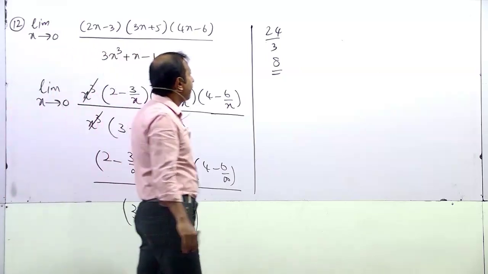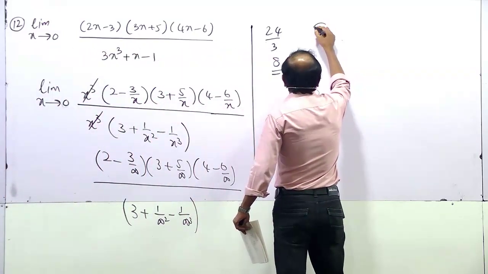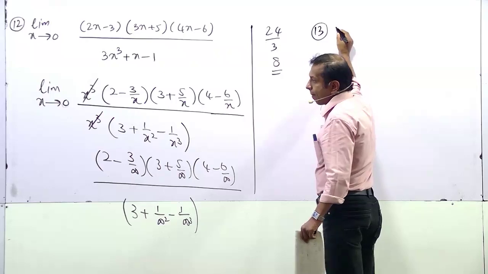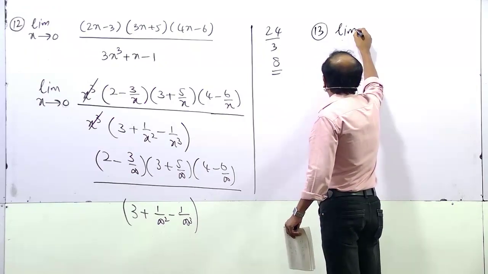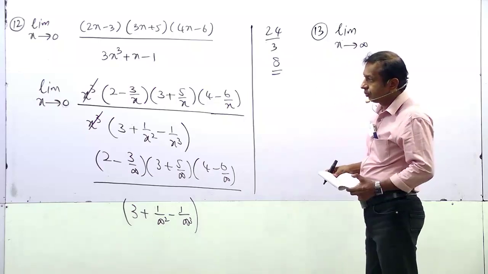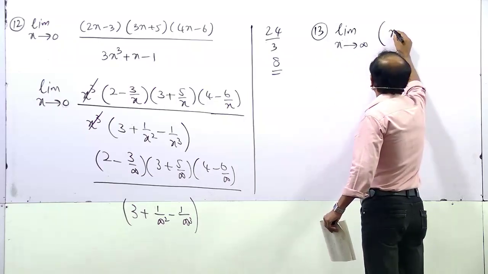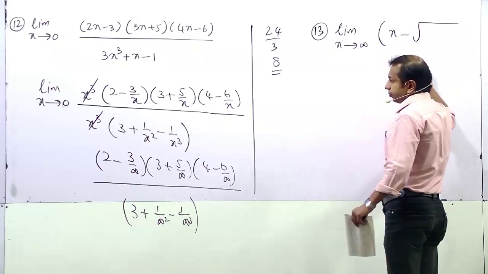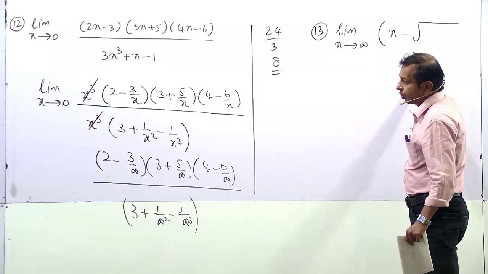We take 13. Another one more. Limit x tends to infinity, x minus square root of x squared plus x.